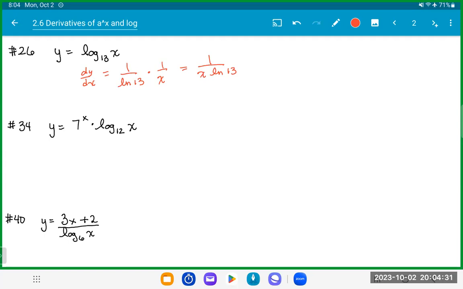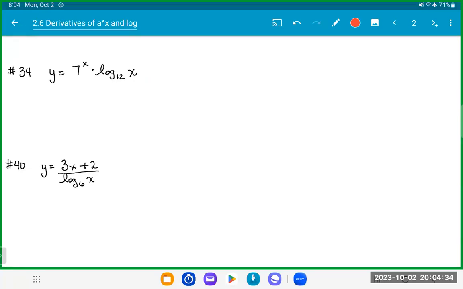Okay. First, let's identify our functions. We have f is equal to 7 to the x, and g is equal to log base 12 of x. So my f prime is going to be ln of 7 times 7 to the x, and my g prime is going to be 1 over x ln of 12.